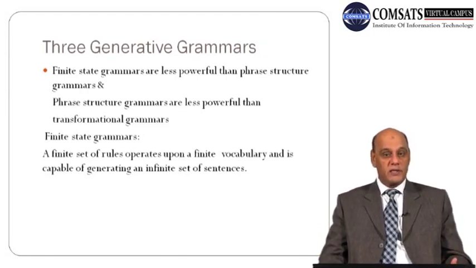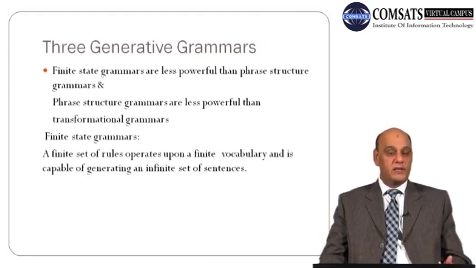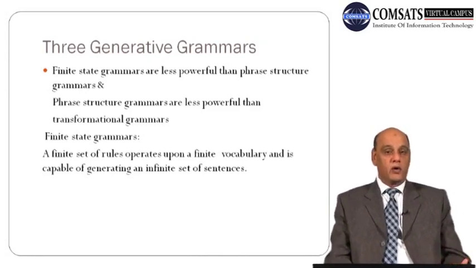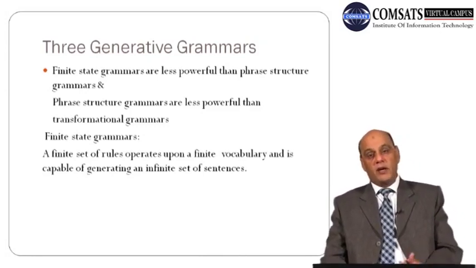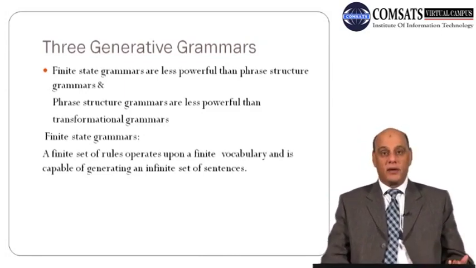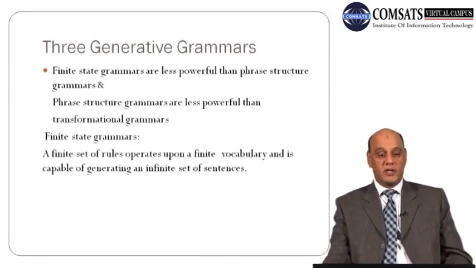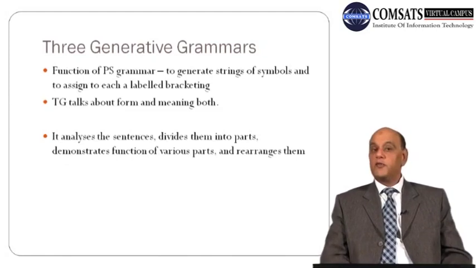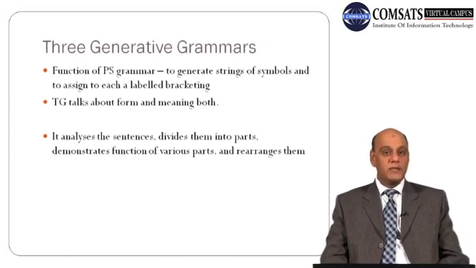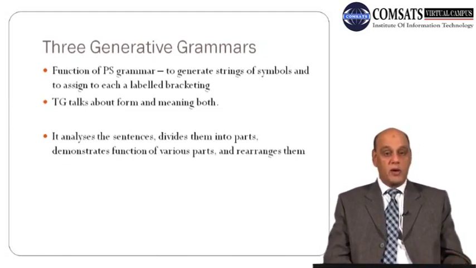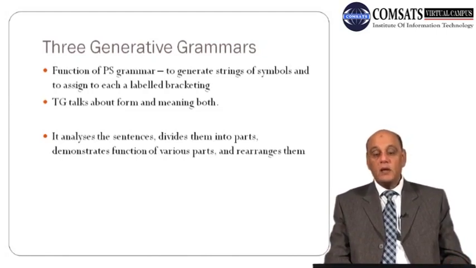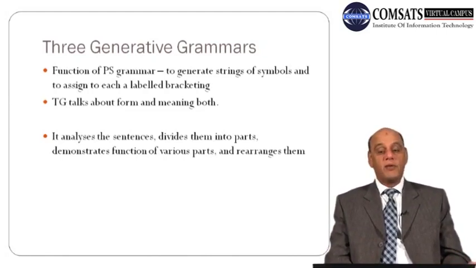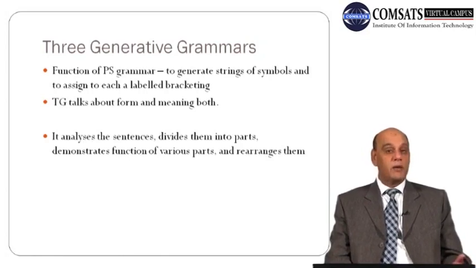The finite state grammars are basically a set of limited rules applied on a limited number of words, and you get an unlimited number of sentences. Now, what happens after that? The next grammar was the phrase structure grammar. What does this do? This generates strings of symbols and assigns to each a labeled bracketing.